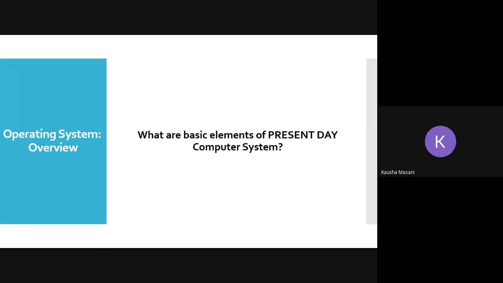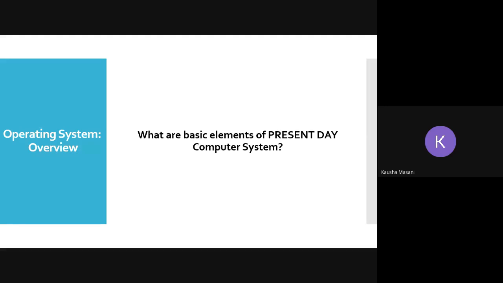GPUs, yes. RAM, very much essential. Hardware and software. Okay, Rishabh, this is a very generalized answer. Correct, but it is very generalized. Monitor, keyboard, mouse, yes. Correct, correct. Right.